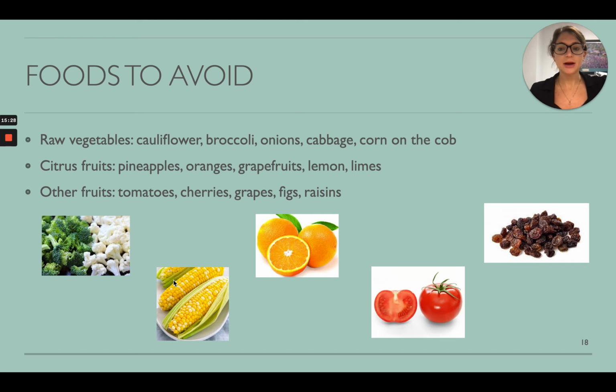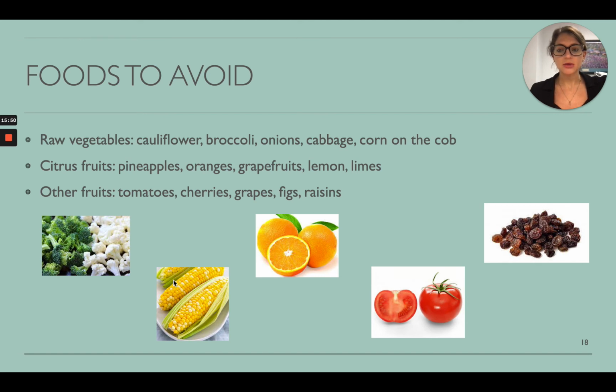Citrus fruits, pineapples, oranges, grapefruits, lemons, and limes. And the exclusion of citrus fruits is, again, because of the acid content in these food items. So we don't want to add additional acid to the stomach, which can just cause worsening nausea or vomiting. So just avoiding these foods for now.